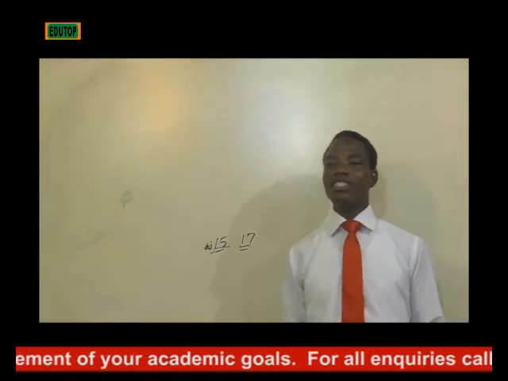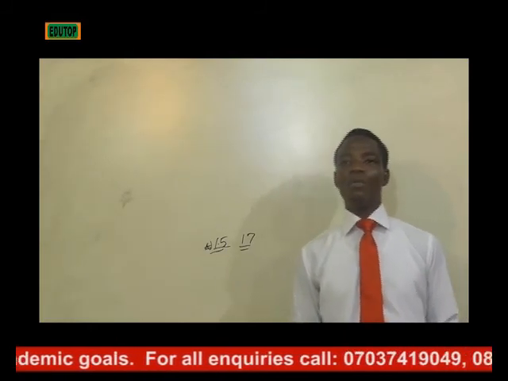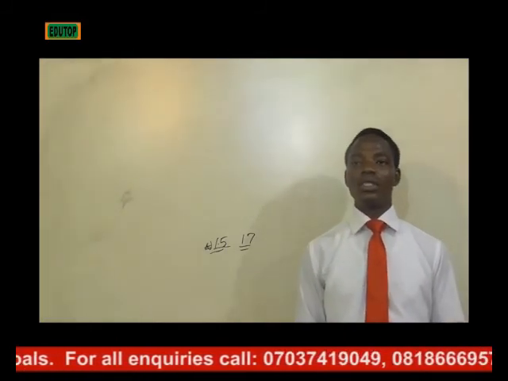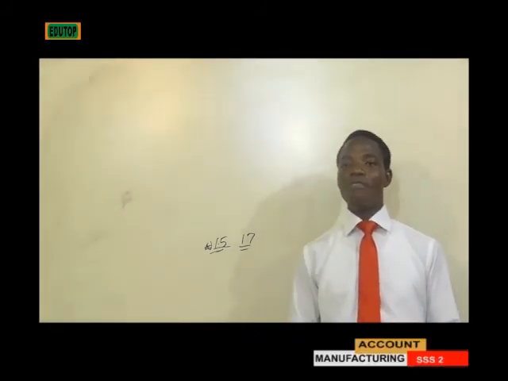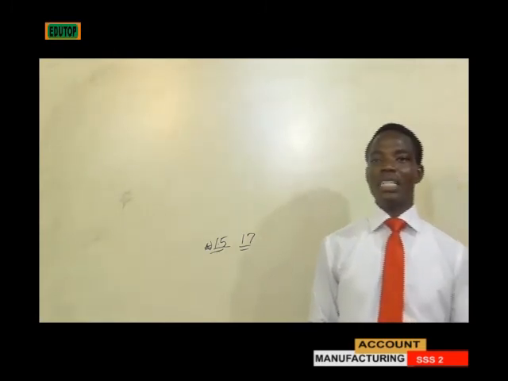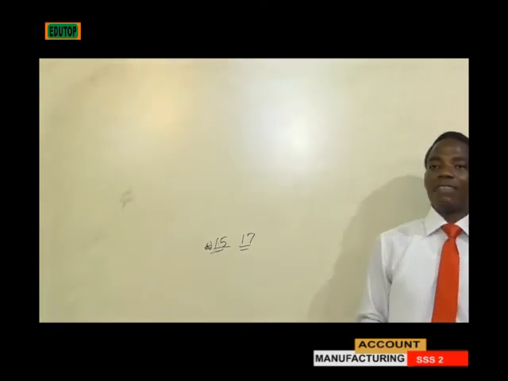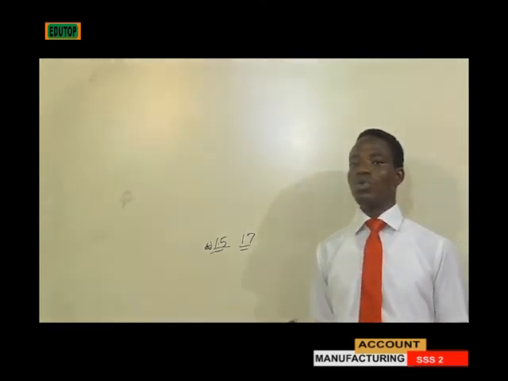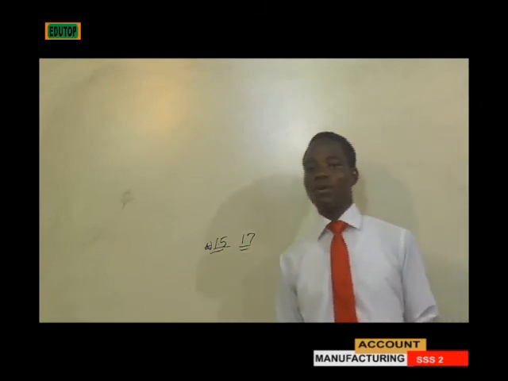Now, after that, you prepare the trading account, where we have the opening stock of the finished goods that have been produced. Then you have the cost of production and purchases of finished goods, and that's how you get the gross profit at the end of the day. After that, you transfer the gross profit down to the credit side of the profit and loss.